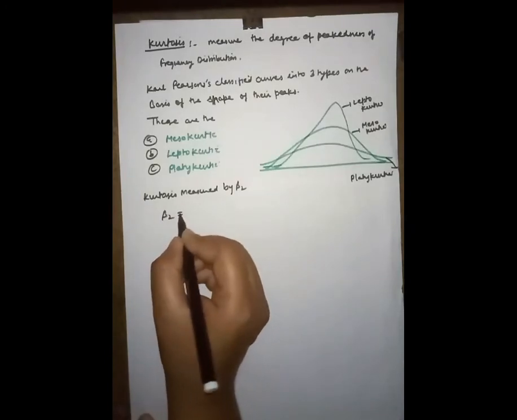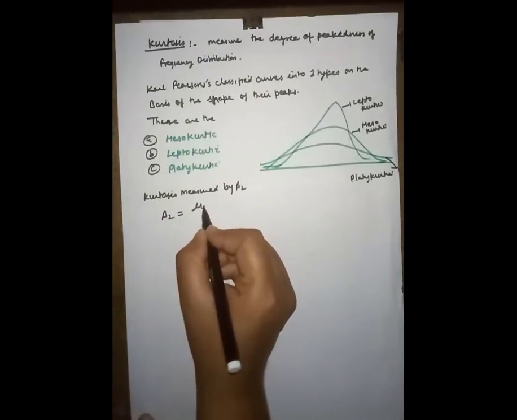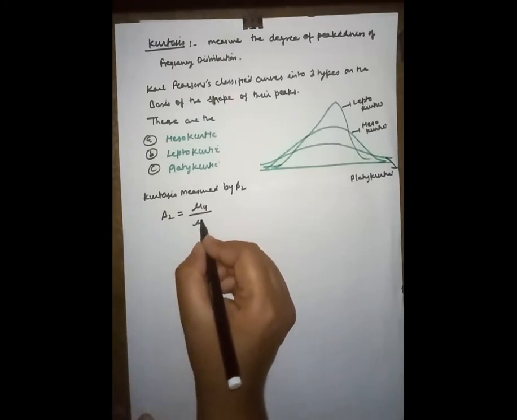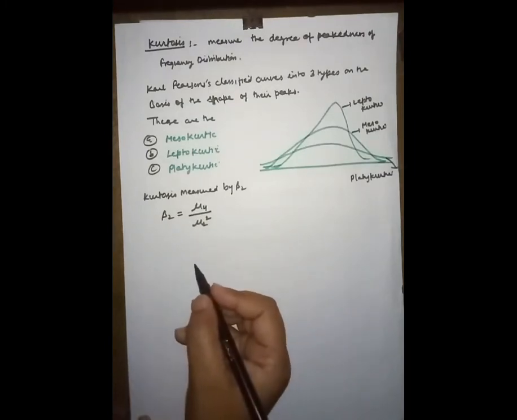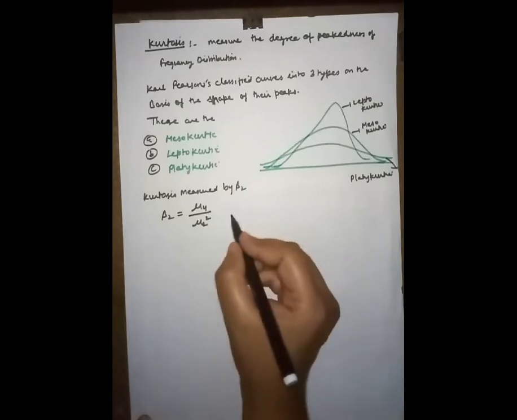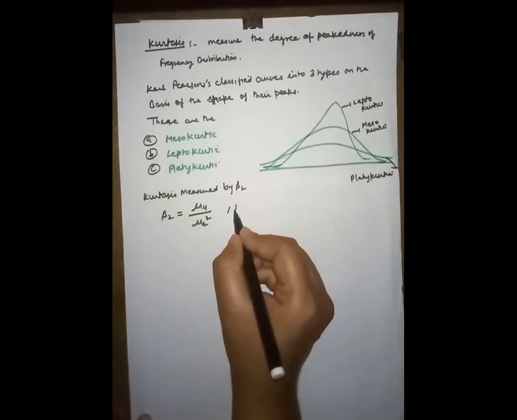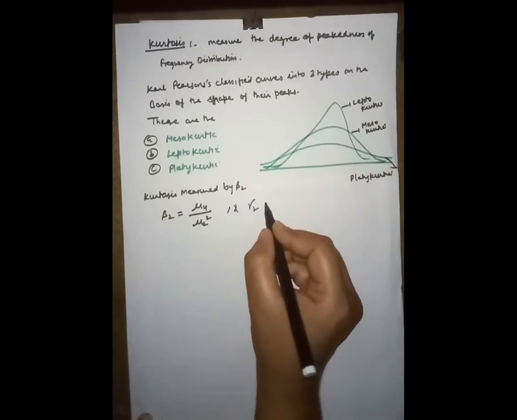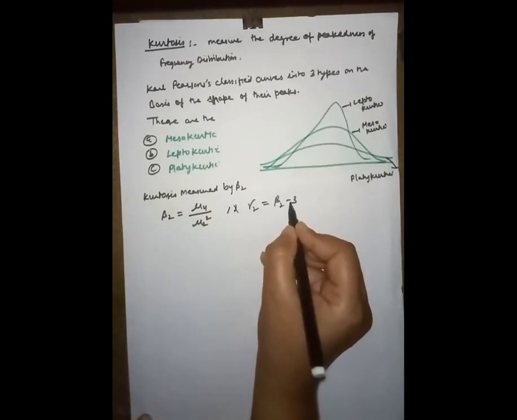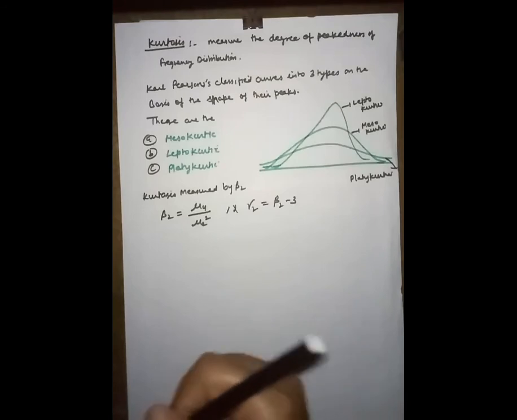Beta 2 is equal to the value of moment mu4 upon mu2 squared, or you can say it is based on gamma 2. Gamma 2 is equal to beta 2 minus 3.